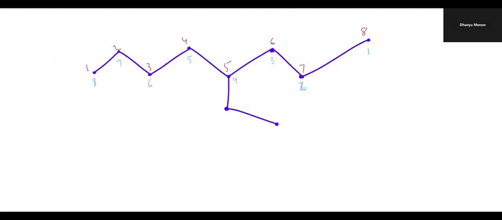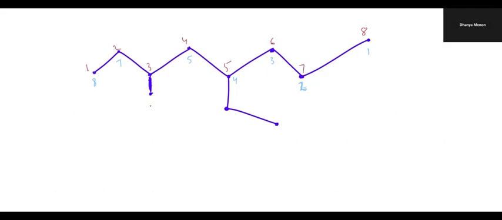So let's write down the position. Both are long chains, yes. Sorry, I have to draw another branching over here. So this is a carbon atom, the 6th position.